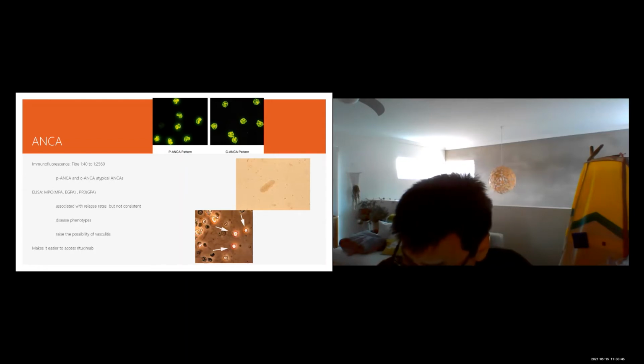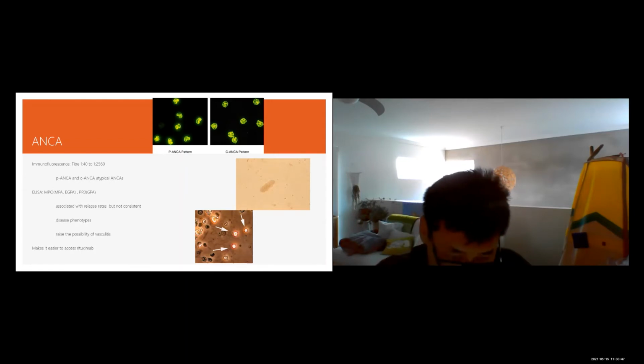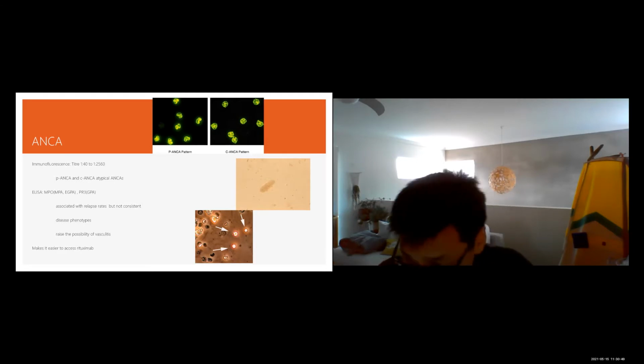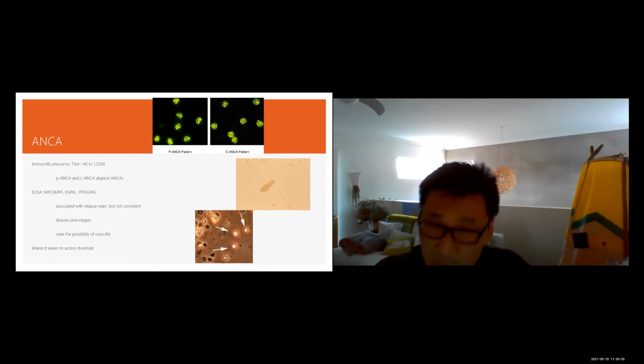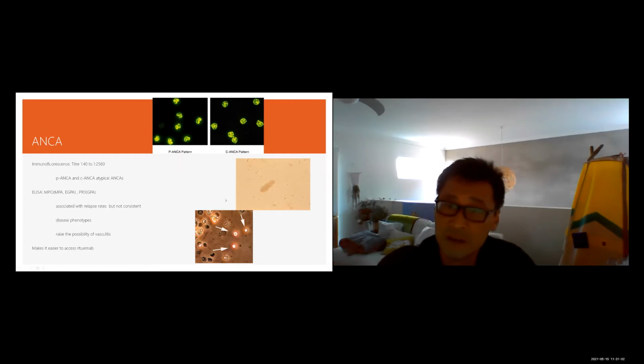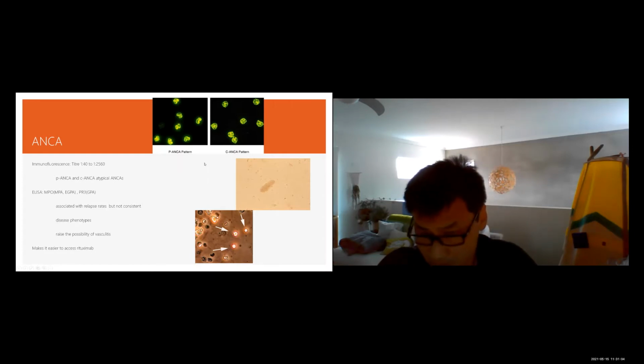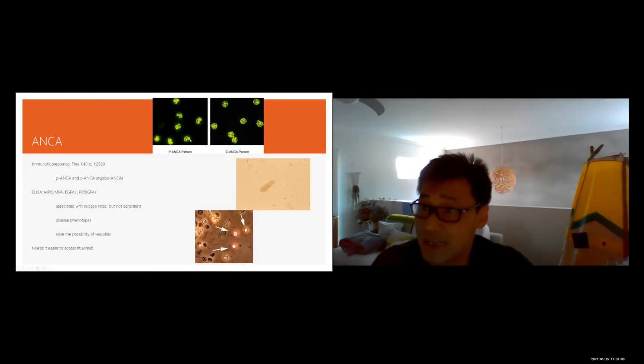They get your blood, spin it down, get the serum, which is the component which contains the antibodies, put it onto the slide with the neutrophils and see if it binds, essentially. They'll do a couple of other processes and then put it under an immunofluorescence microscope, and you get a particular pattern of staining.